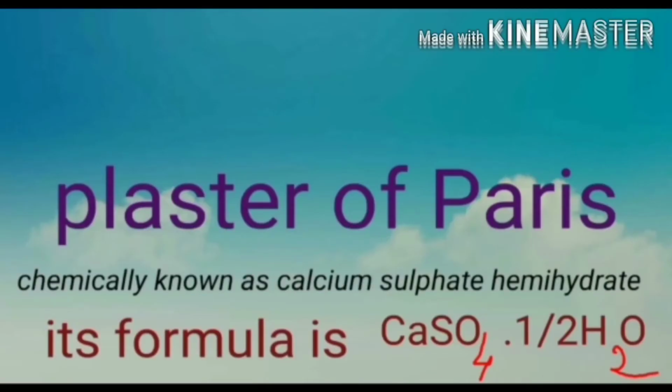Plaster of Paris, as you now know, is chemically known as calcium sulfate hemihydrate, and its formula is CaSO4 dot half H2O. Here you have to understand that a water molecule cannot exist as half a molecule.